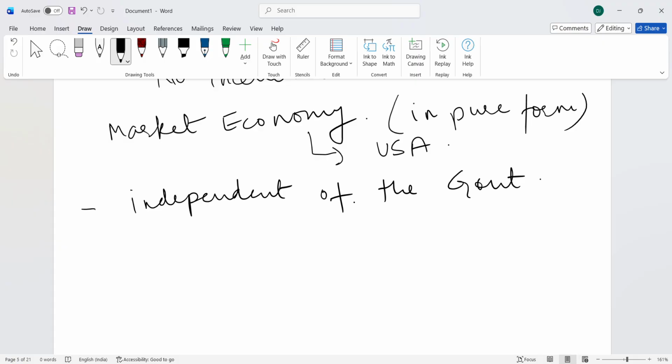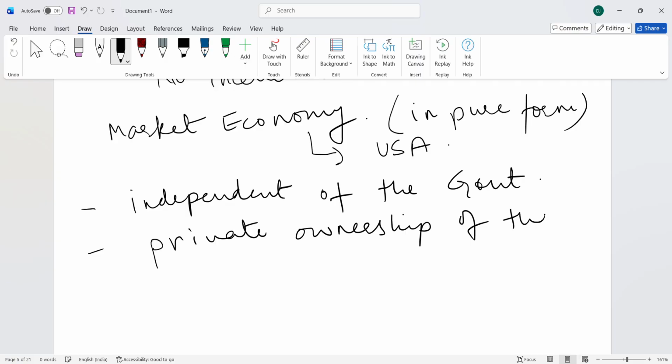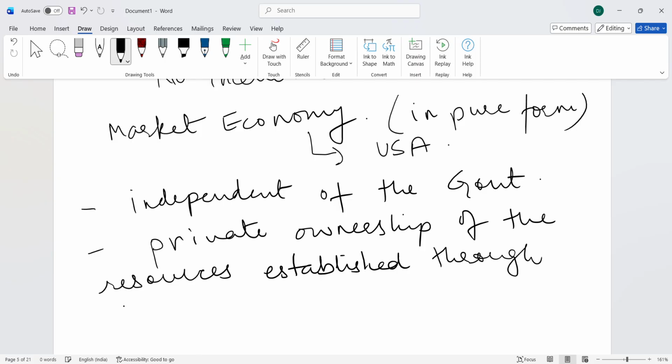Right, there's private ownership of resources established through property rights.